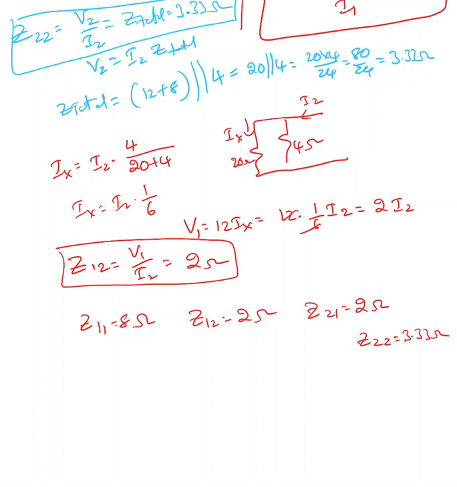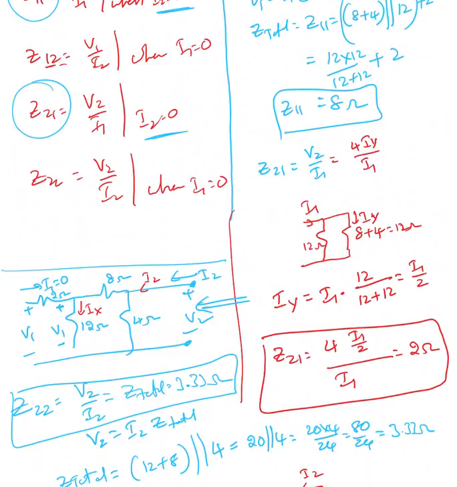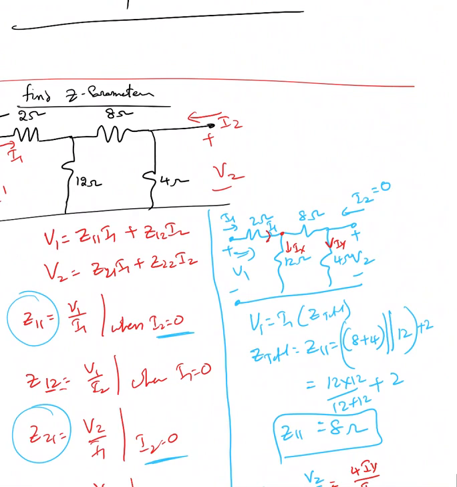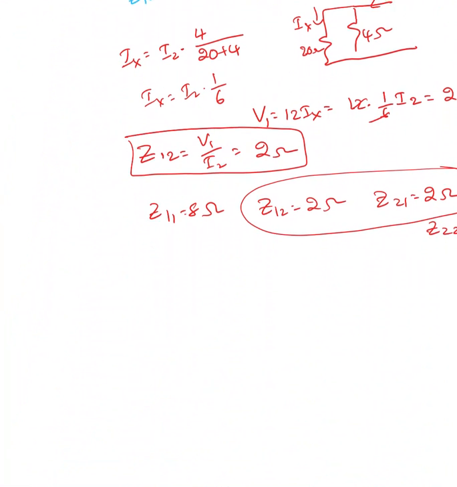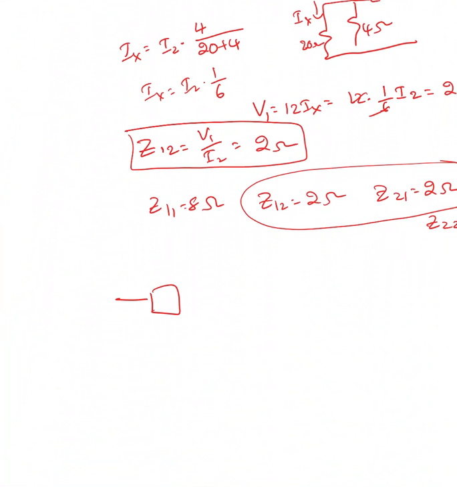If you remember it right, as long as Z12 and Z21 are same, we call that a reciprocal network. If it is a reciprocal network, I can represent this with the T model. It's not too big compared to the T circuit, but sometimes we may end up with many elements, so we can represent those many elements with these three.